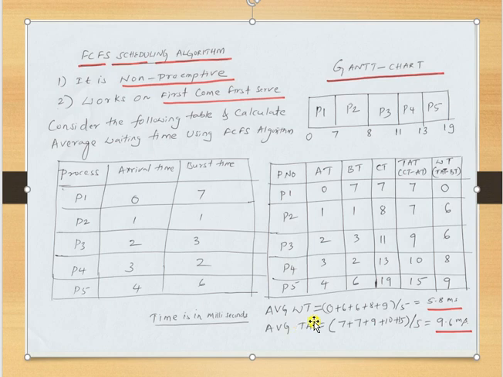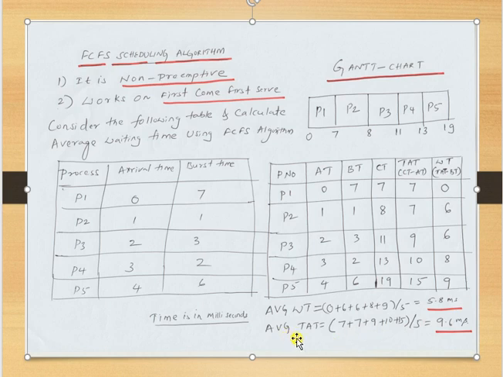How to find the average time? You have to add all the waiting times of each process and divide by the number of processes. How many processes are there? 5 processes, so it comes to 5.8 milliseconds. The average waiting time is 5.8 milliseconds.